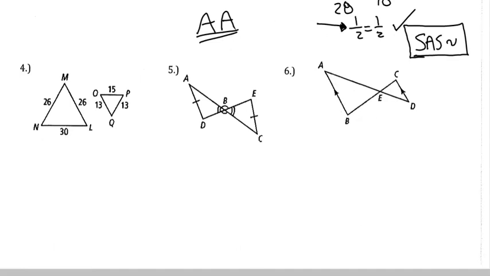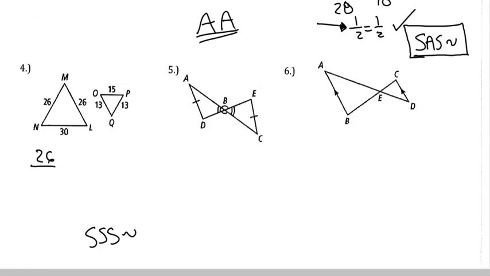Now, if we look at this, it looks like we're only talking about sides. So maybe it is SSS of similarity. I'm not quite sure though. You have to check it.